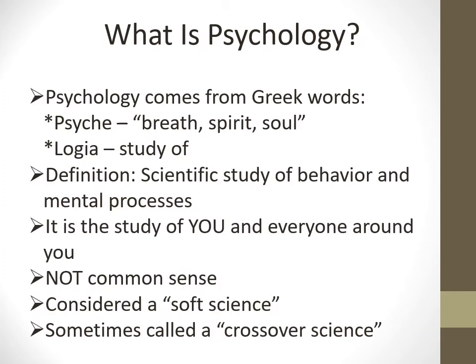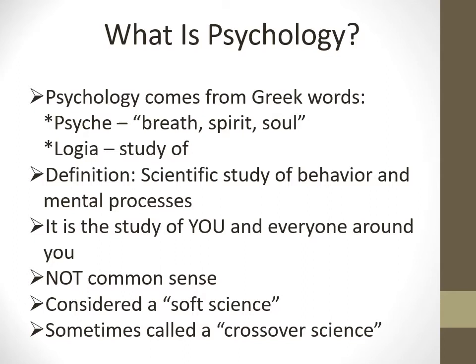What is psychology? Psychology comes from Greek words. So the Greek and Latin roots, psyche means breath or soul, and logia means the study of. The book definition is found on page 4 in your textbook, and it is the scientific study of behavior and mental processes.